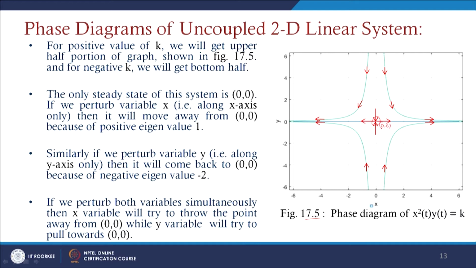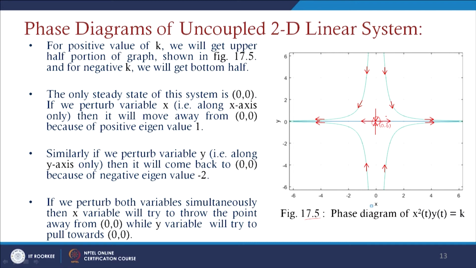If we plot these values, we find that along the x axis the values are moving away, but in the y direction the values are coming towards the origin. So the x axis is going outwards and the y axis is coming towards the origin.